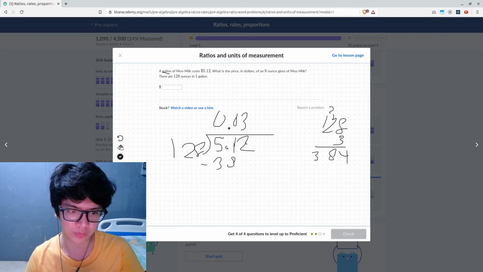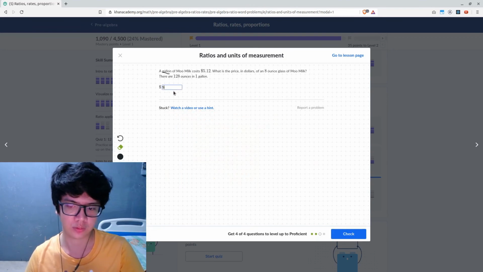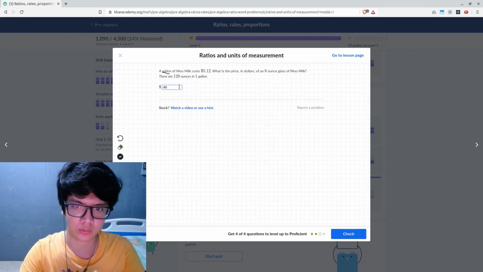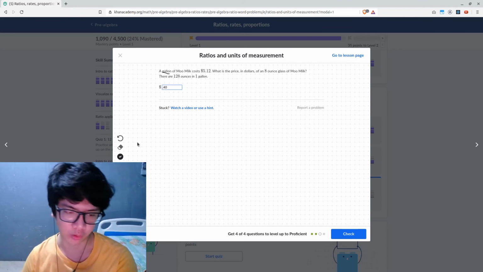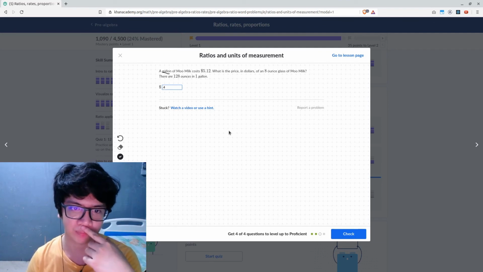I think this actually perfectly fits the M slide, doesn't it? It does. See 0.4, but let's be sure.